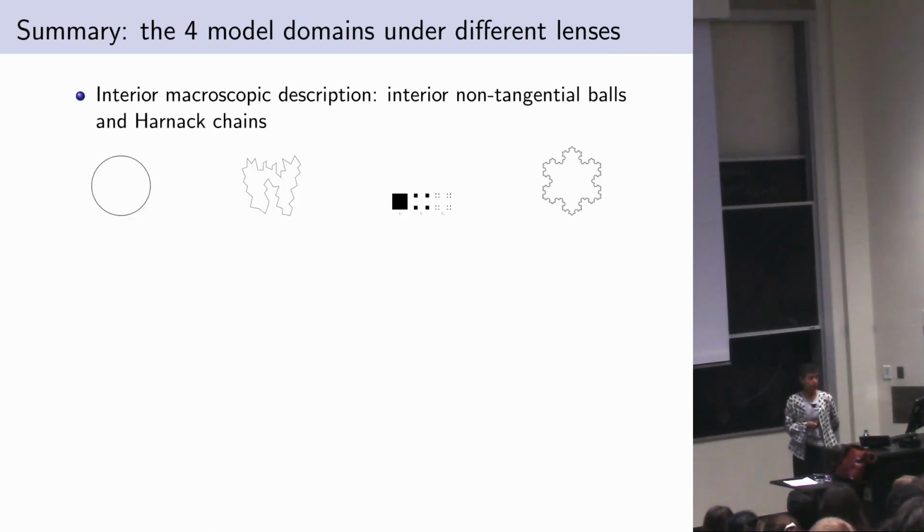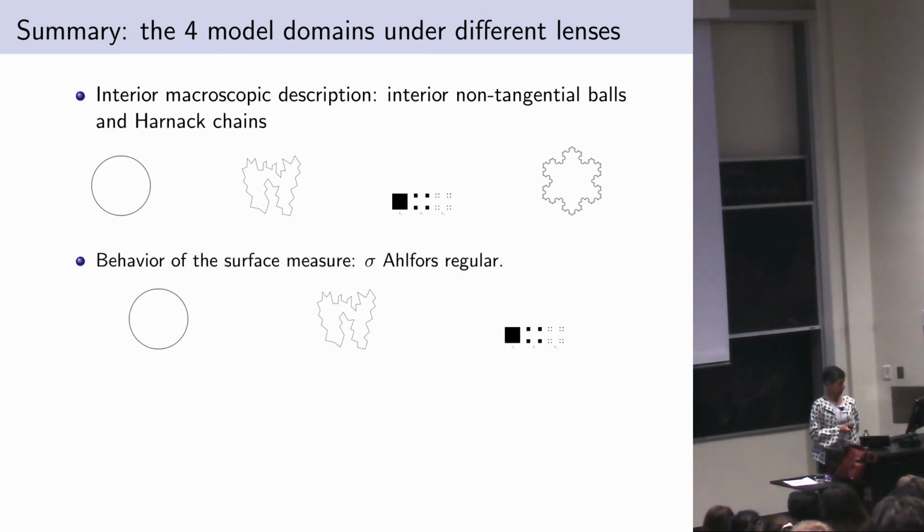And so here is my summary. Very macroscopically, whether you have interior and exterior balls and these pearls, which are called Harnack chains, they're all the same. From the behavior of the surface measure, these 3 look the same.